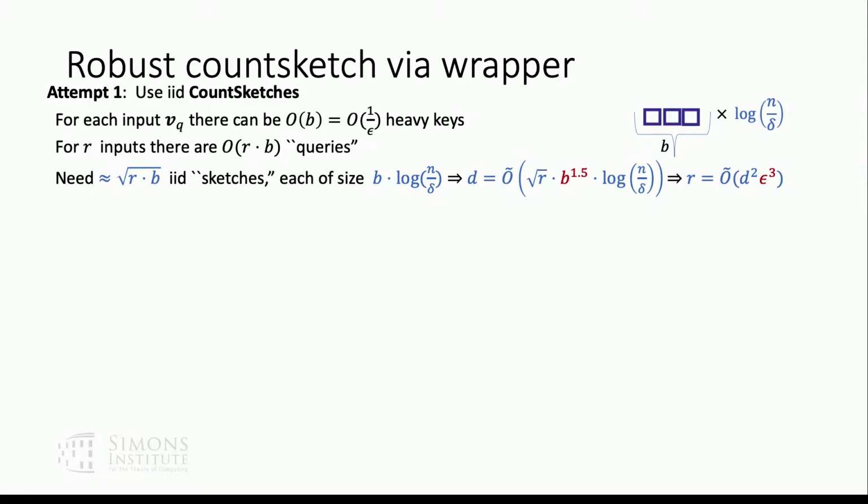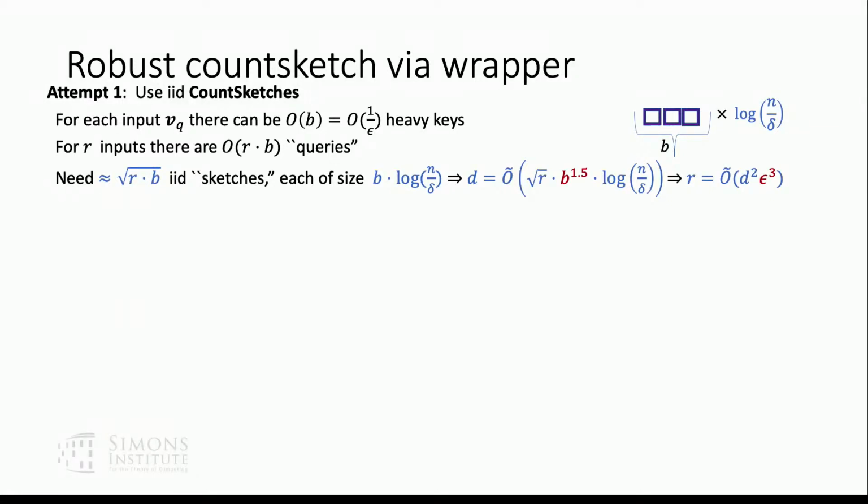So for each query, which is an input vector, we need to run over all the keys. But because of these sparse vector-like techniques, we only pay privacy costs for the keys that are actually heavy hitters, of which there can be at most B, the number of buckets, 1 over epsilon of them. So for R inputs, we need to issue R times B queries to the sketch.